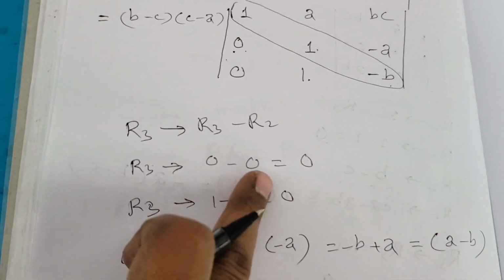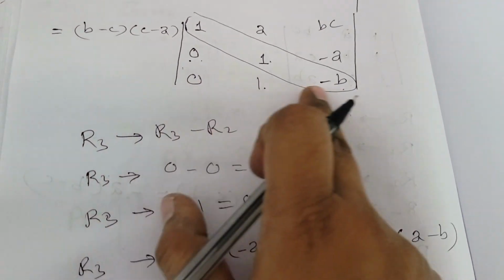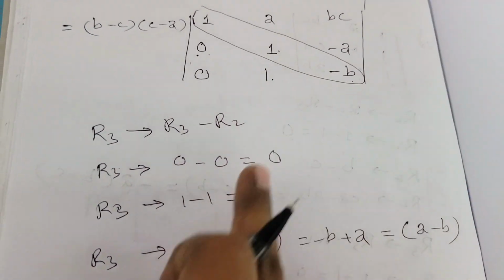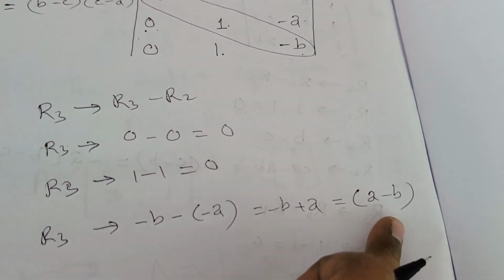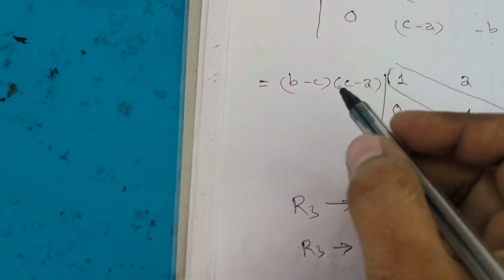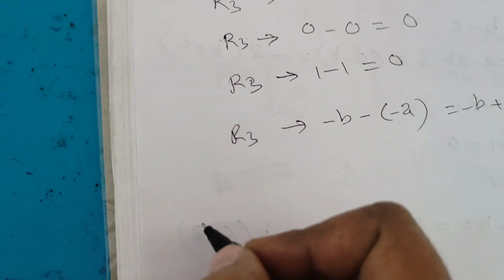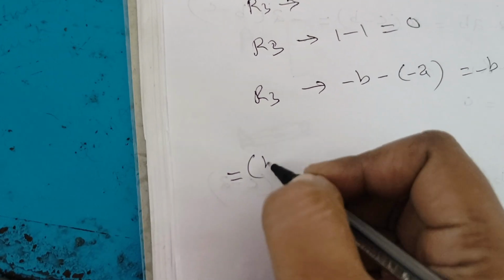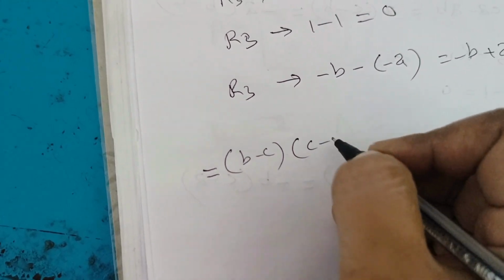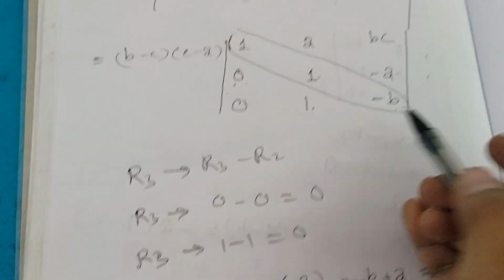So in the third row, in place of this 0, 1, minus b, we will substitute 0, 0 and a minus b. So here we have b minus c, c minus a outside the determinant. We will write as it is b minus c, c minus a. Determinant.